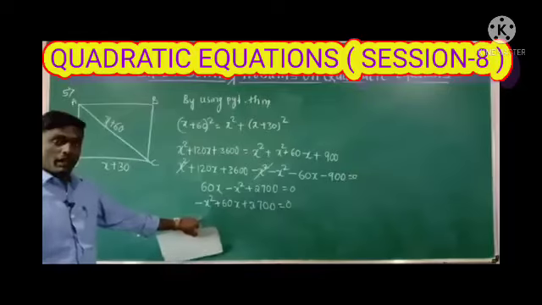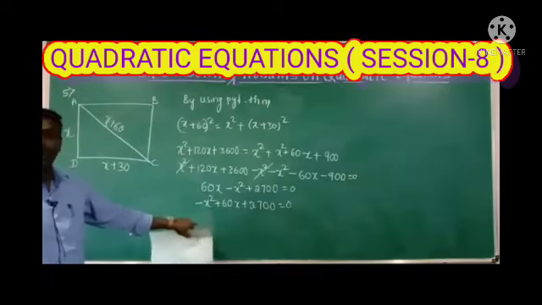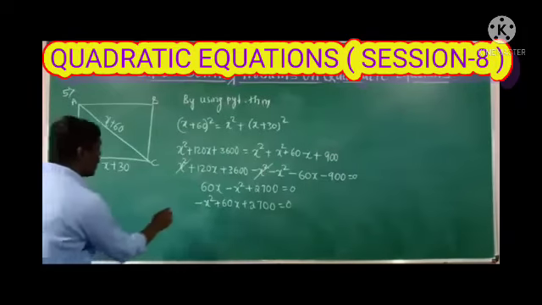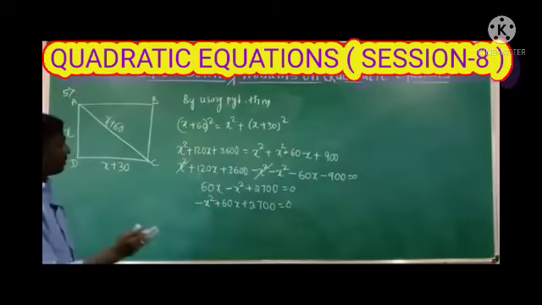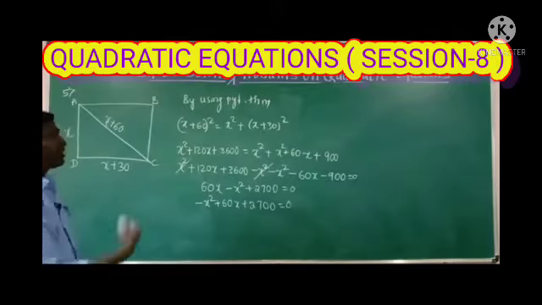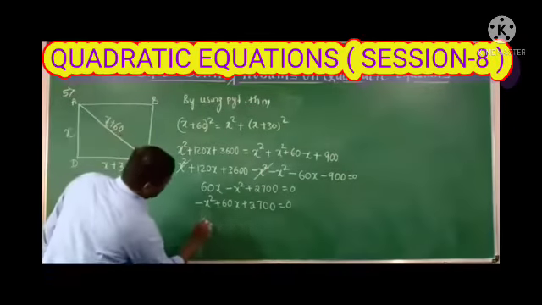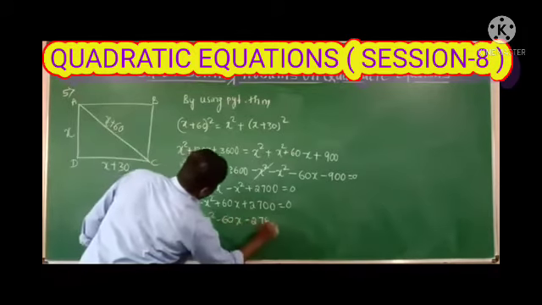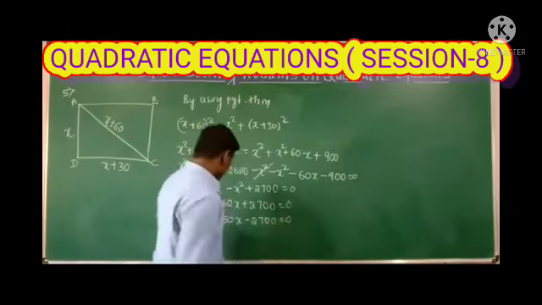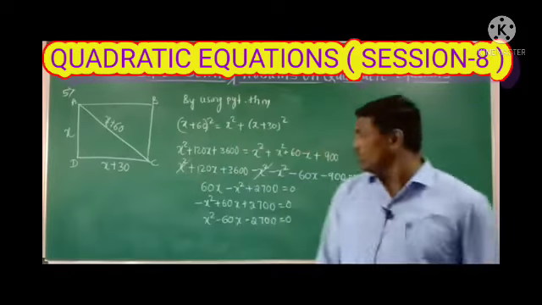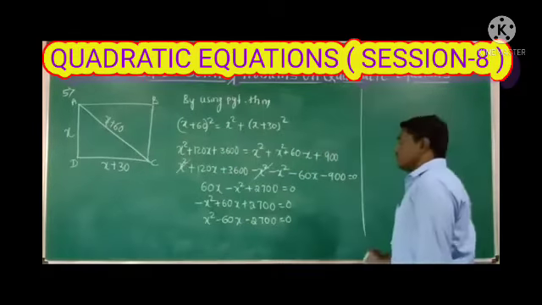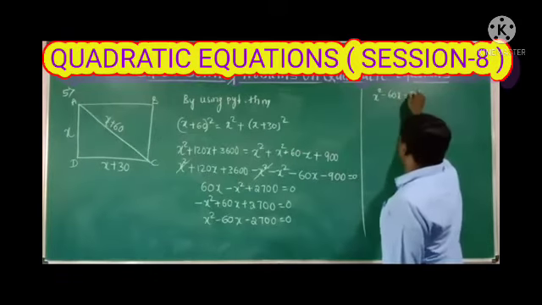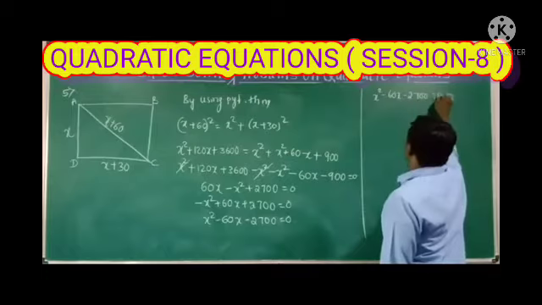Here the quadratic equation is in the form of negative terms. So by multiplying the whole equation by minus, we will convert the negative equation into a positive equation. So x square minus 60x minus 2700 is equal to 0. Okay, now split the middle term. x square minus 60x minus 2700 is equal to 0.